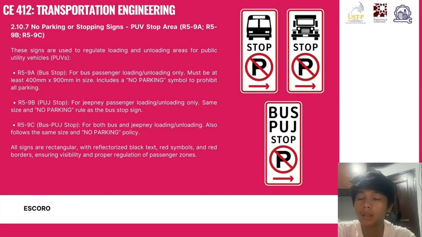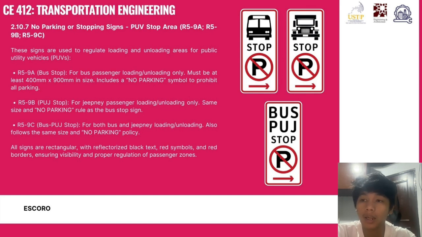Next is the PUJ stop for jeepney passenger loading and unloading only. Same size and no parking rule as the bus stop sign. Next is for the bus and PUJ stop. For both bus and jeepney loading and unloading also follows the same size and no parking policy.